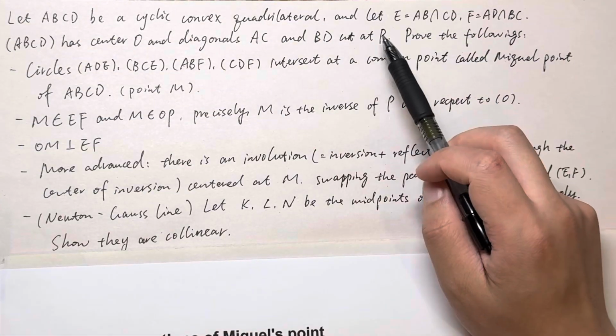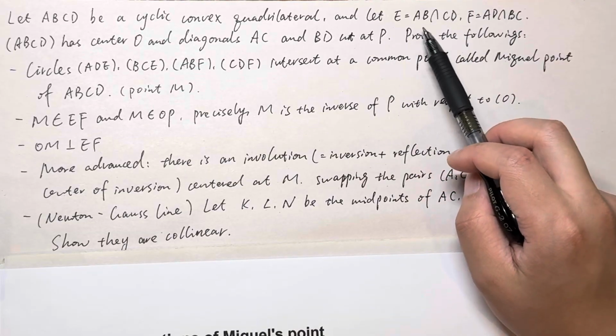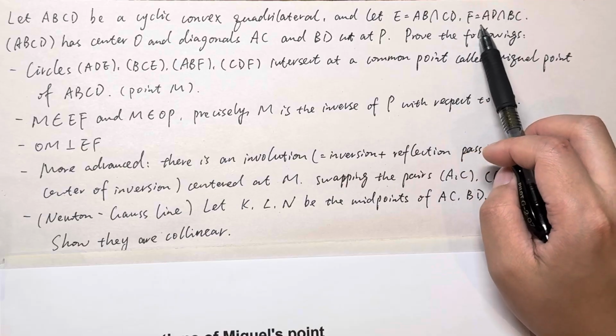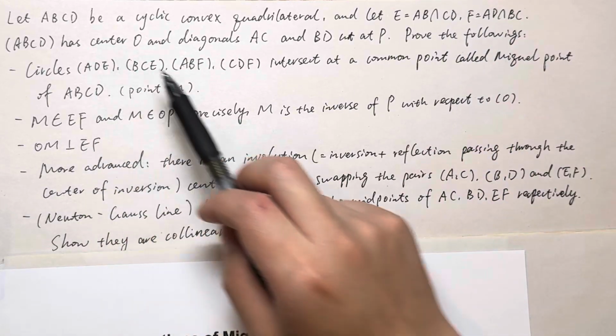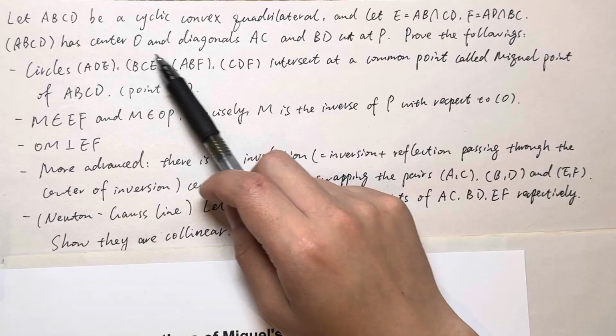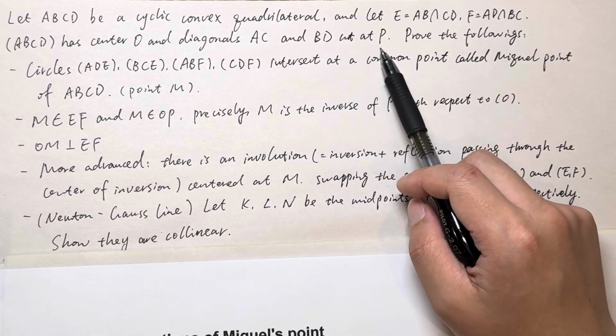Okay, let E be the intersection point of AB and CD. F is the intersection point of AD and BC. ABCD has a center O and diagonals AC and BD cut at P.